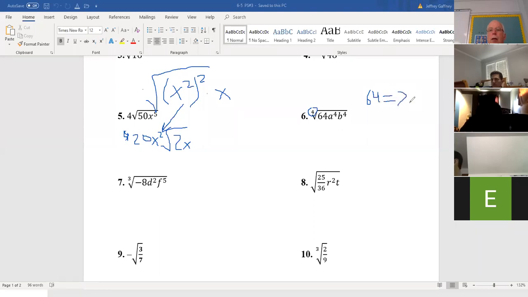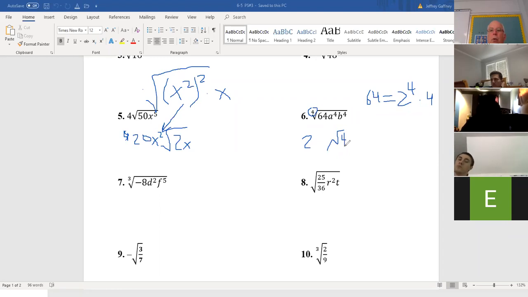It's 2 times itself 4 times, all right, times 4, right? Okay, so out from under the radical, I can take 2, and then I've still got 4 under the radical.